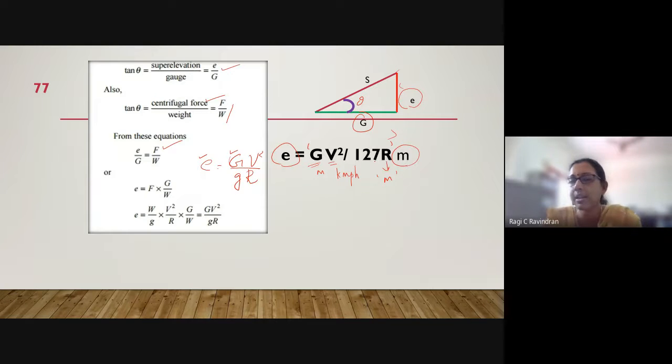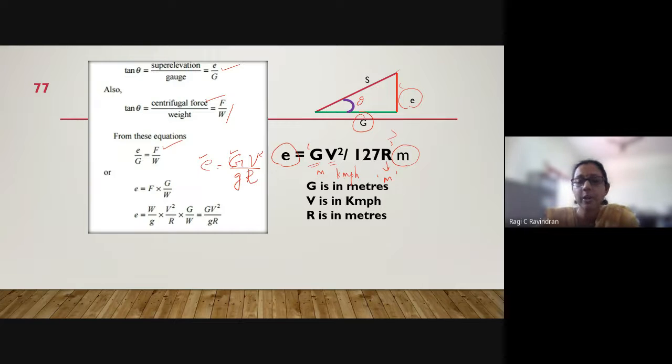So this is a standard equation in which, if you substitute the gauge, velocity and radius in meters, kmph and meters respectively, you will get a value of E, and the unit of E will be meters.